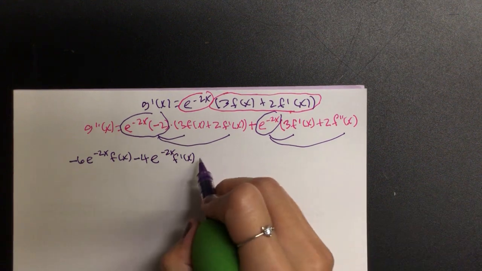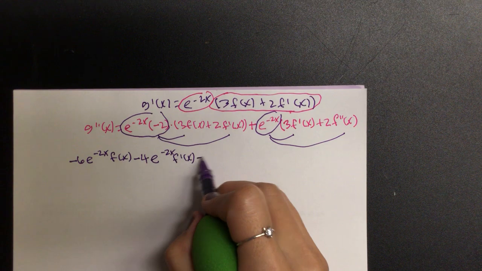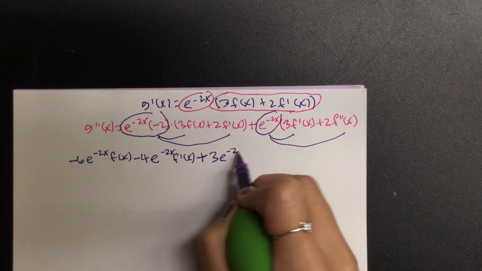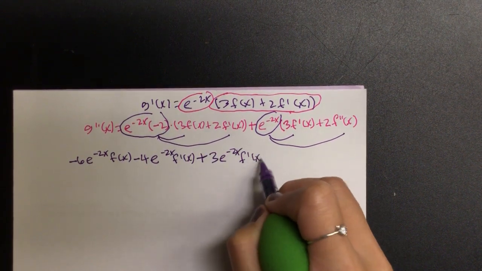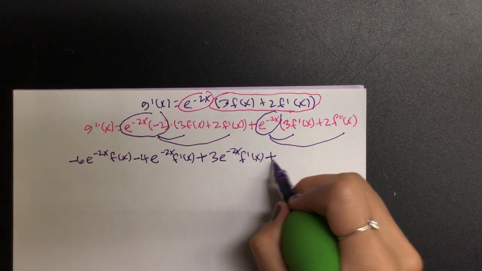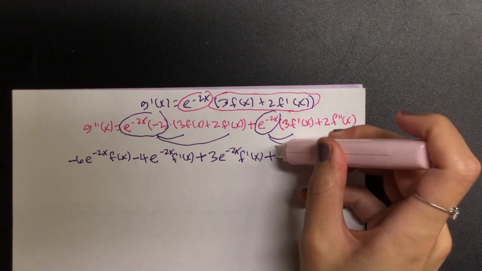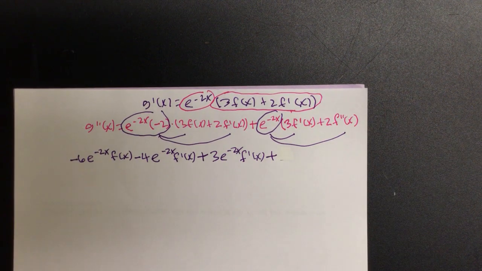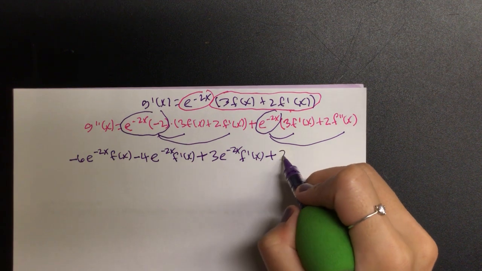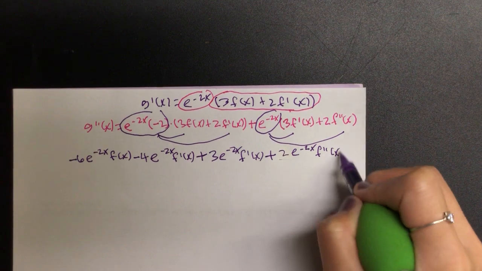And then let's distribute this one to all of this right here. So we have plus 3 e to the negative 2x, f prime of x. Now distribute it to the last portion, which is plus, oh, I forgot to put the constant first. What's my constant that I should write first? 2. I guess it doesn't matter, but I want it neat. So we have 2 times e to the negative 2x, f double prime of x.